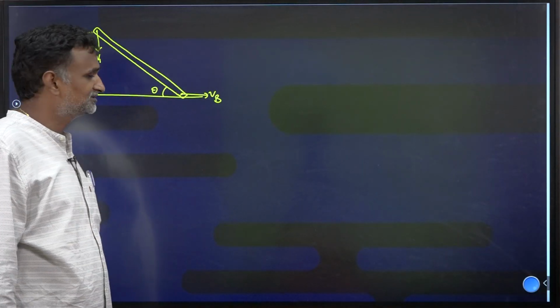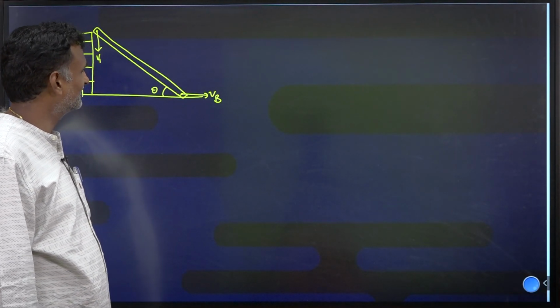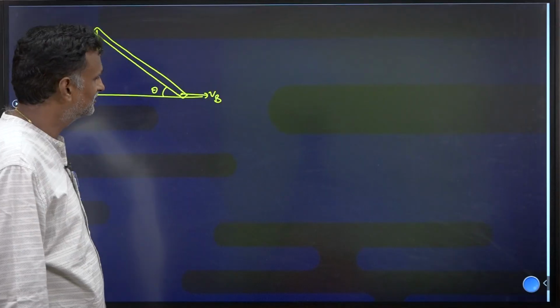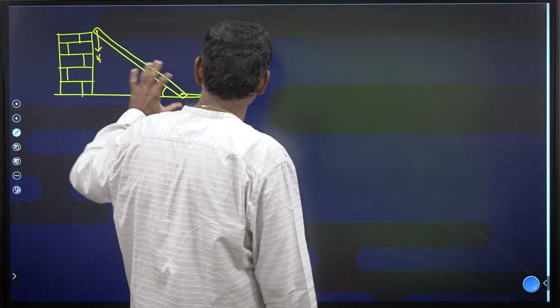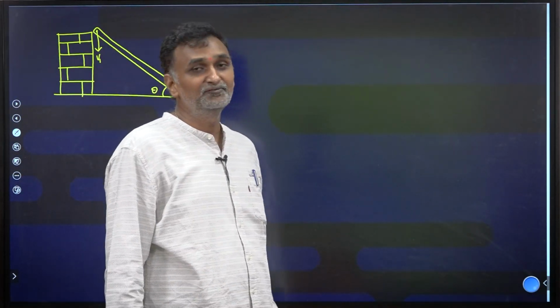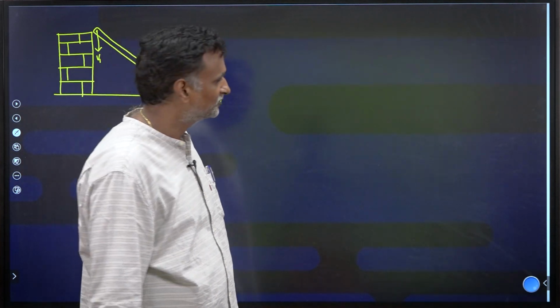and if you listen carefully, most of the cases we can solve this way. So let us give the relation. Before giving the relation, we need to know about one concept. What is that?